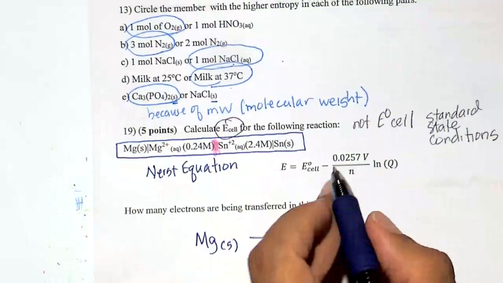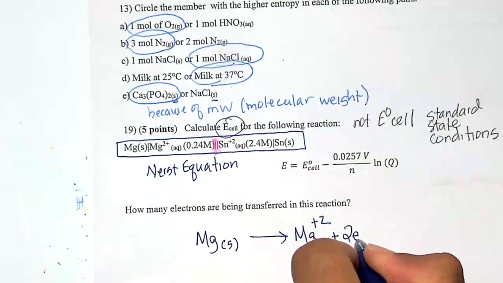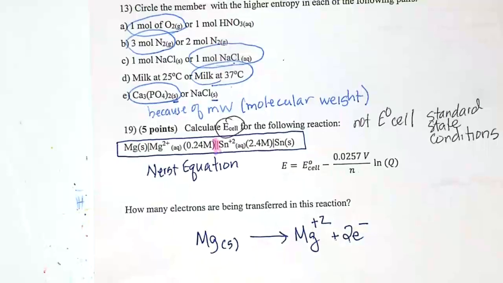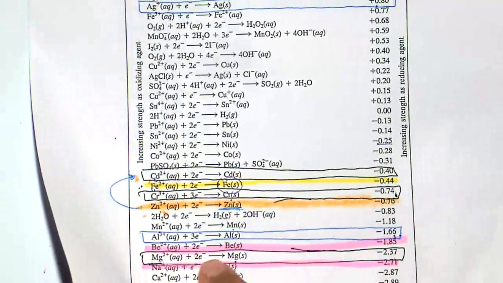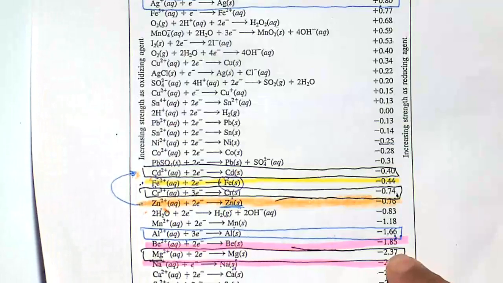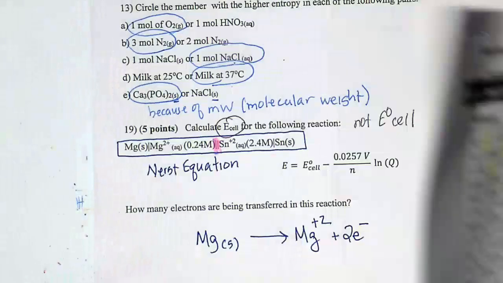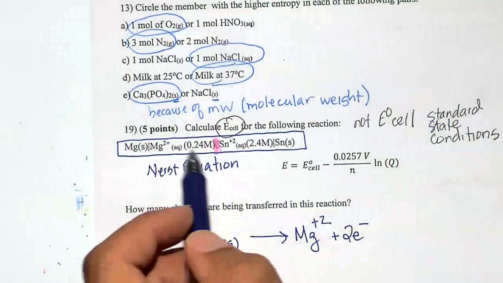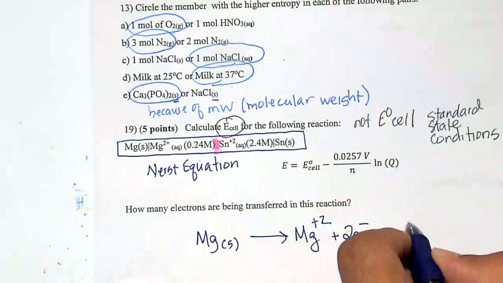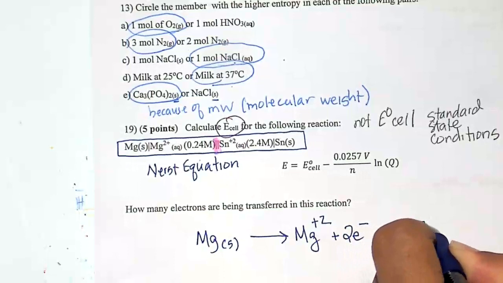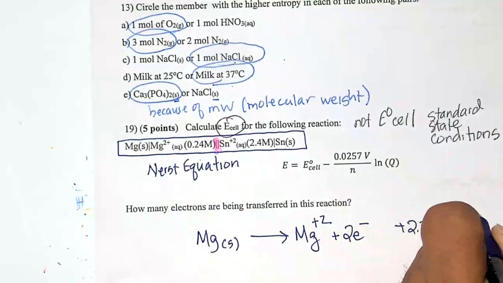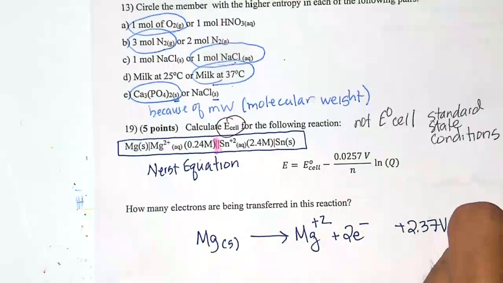How many electrons and where should it go? 2 electrons, and it should go on the product side. And what is the voltage associated with this? It's not negative 2.37, but positive. Why is it positive? Because in this problem, we have to flip it. So this is positive 2.37 volts, and this is the anode.